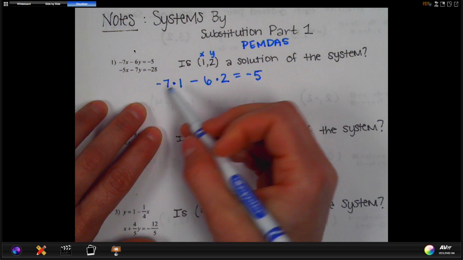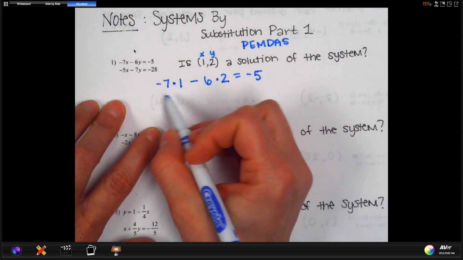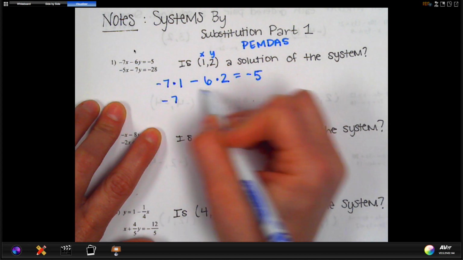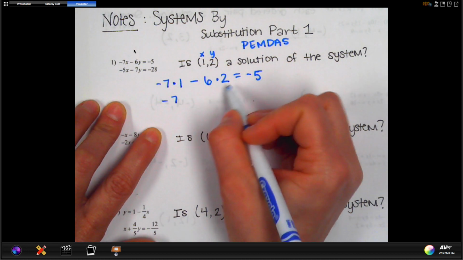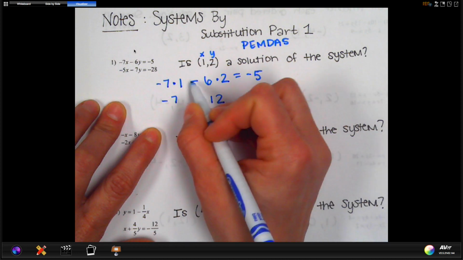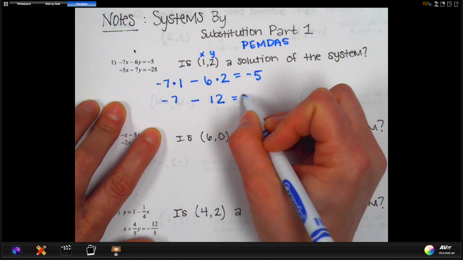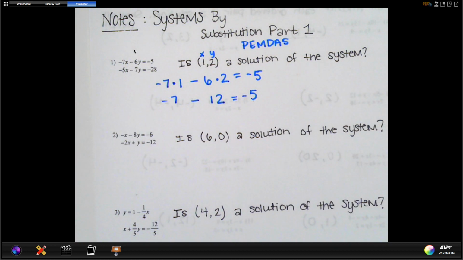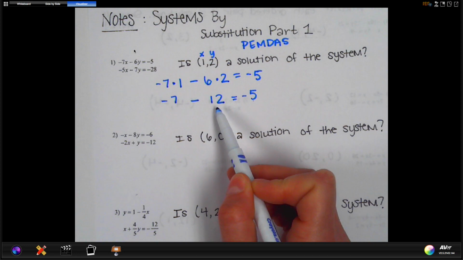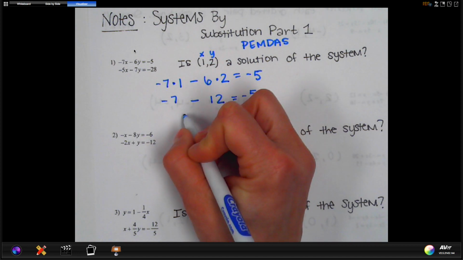Okay, so let's do our multiplication here first. Negative 7 times 1 is negative 7. We're not going to subtract yet. We have to do the other multiplication. 6 times 2 is 12. Now we can bring down our minus sign and equals negative 5. Now we can subtract: negative 7 minus 12 is going to give us negative 19.